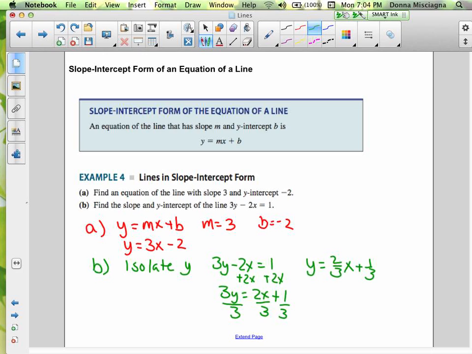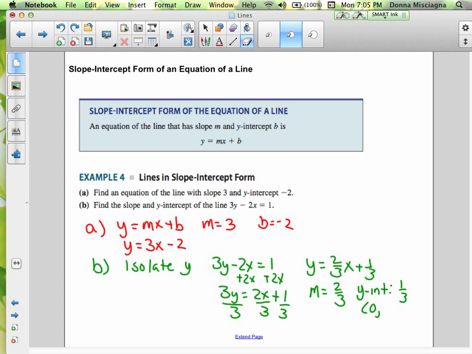Now that we've got it solved for y, we can easily identify the slope and y-intercept. Slope is the coefficient on x, so the slope is 2/3. The y-intercept is the constant that's added in. So the y-intercept is 1/3. We could also write that as a point, and that would be the point (0, 1/3).